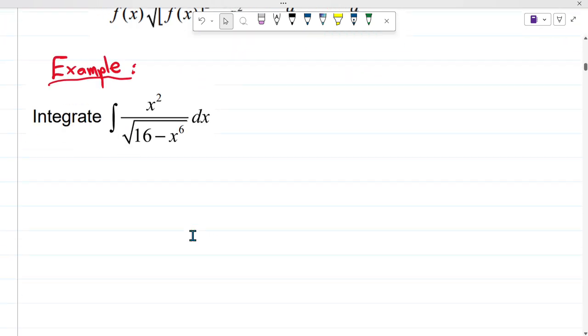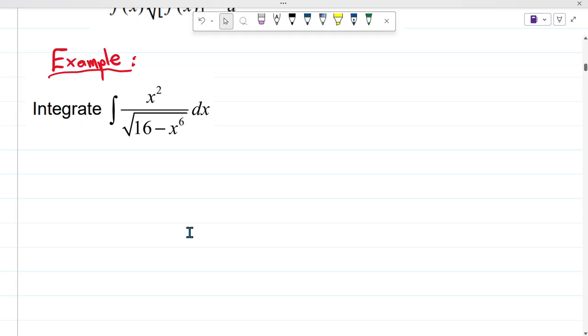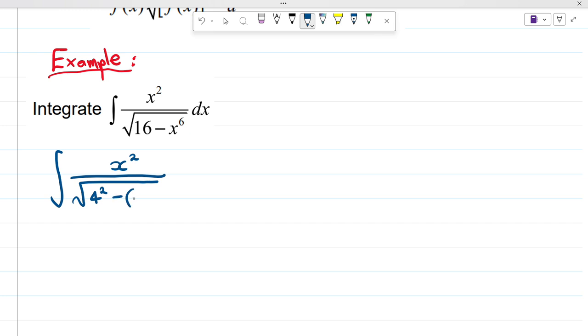So yeah, here's one example. Let's rewrite this in a nice way so that we can see which format it fits into. So here we have x squared divided by the square root of 4 squared minus x cubed to the power of 2, dx.